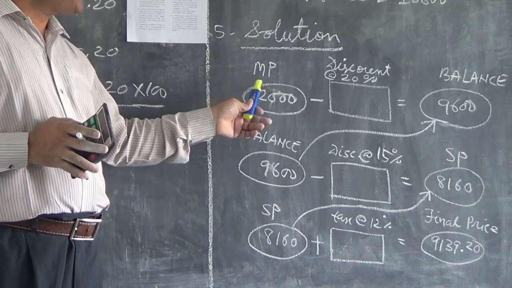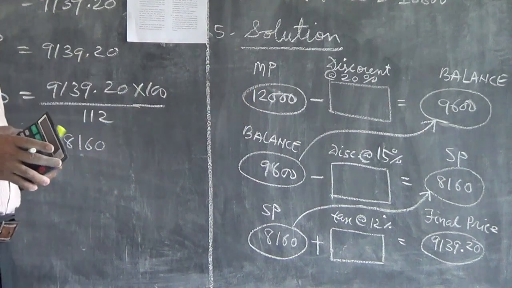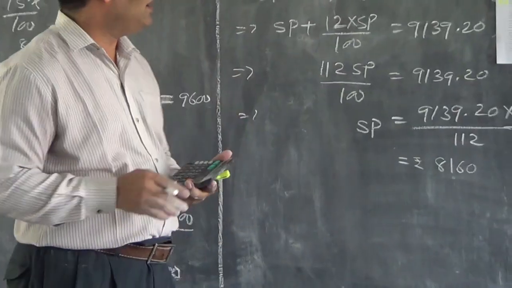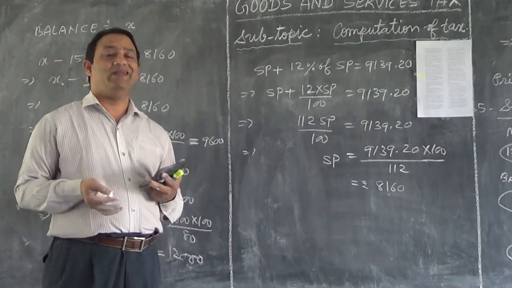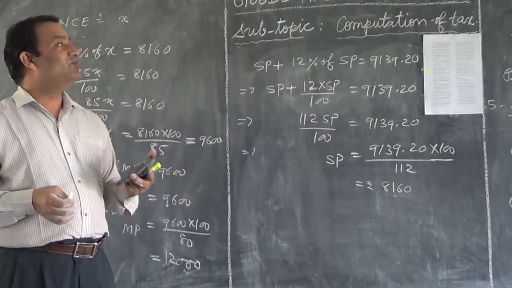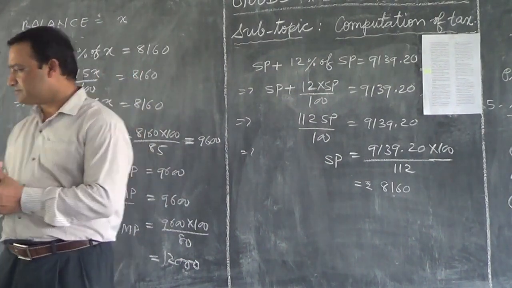Then you will get the answer ultimately here. So this modeling method helps the children a lot. Even a very difficult problem you can do very easily if you follow the modeling technique.